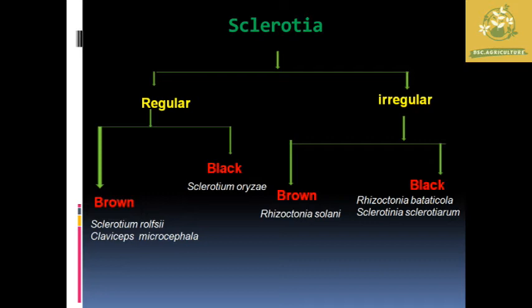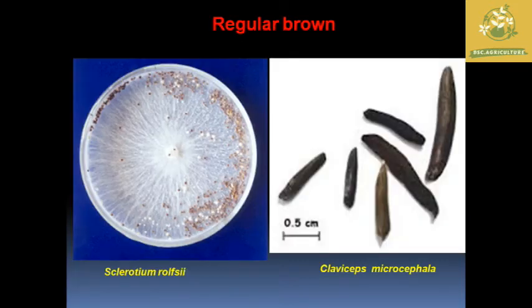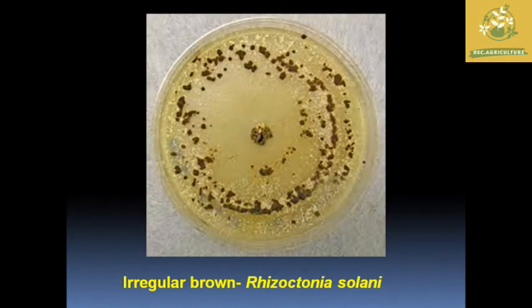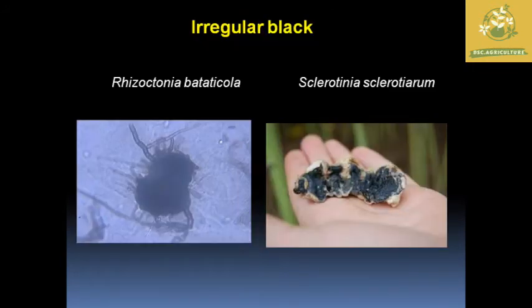The regular brown is Sclerotium rolfsii, as well as Claviceps microcephala; you can see pictures of them. The regular black is Sclerotium oryzae, the irregular brown is Rhizoctonia solani, and the irregular black is Rhizoctonia bataticola, as well as Sclerotinia sclerotiorum.